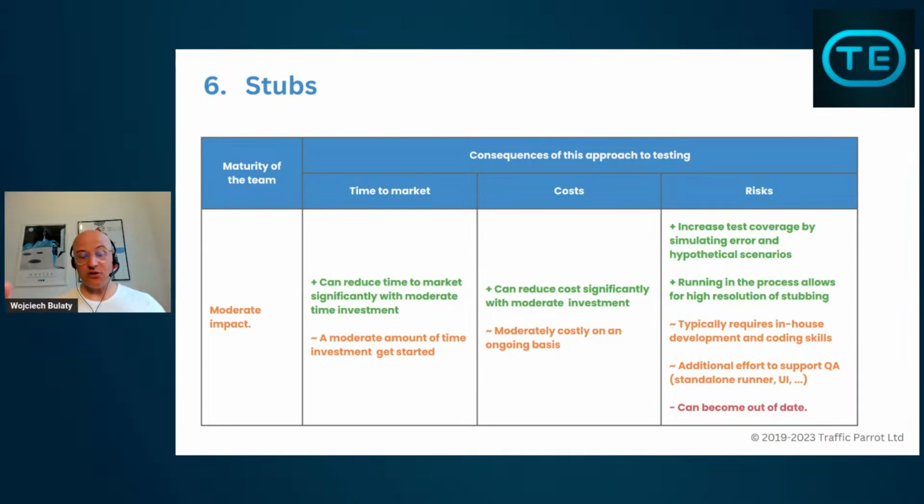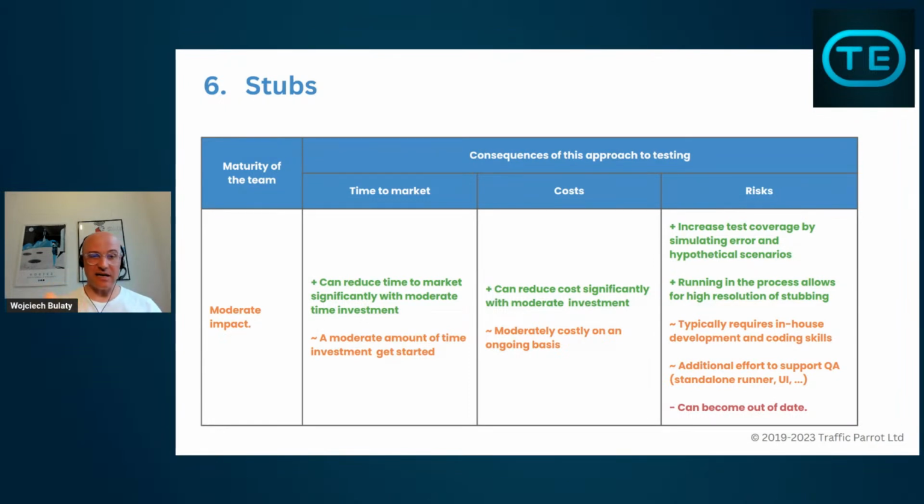But what you get in return for this moderate amount of investment is good benefits. It will reduce your time to market significantly, and it can reduce your costs significantly. It will allow you to test more scenarios for your microservice by simulating those error or hypothetical situations.